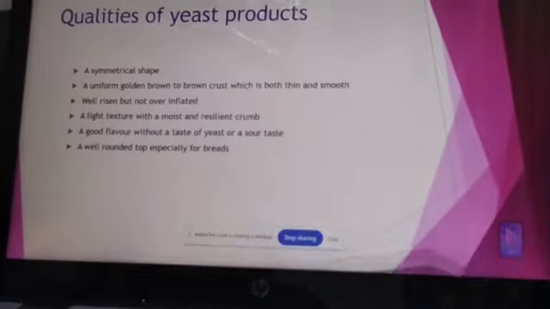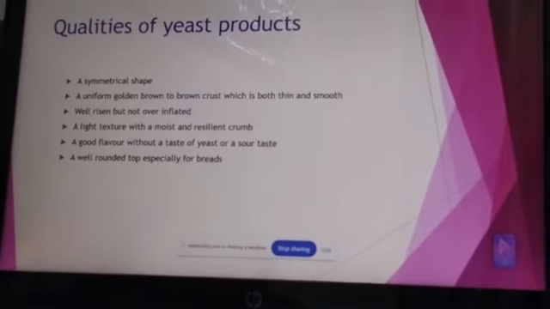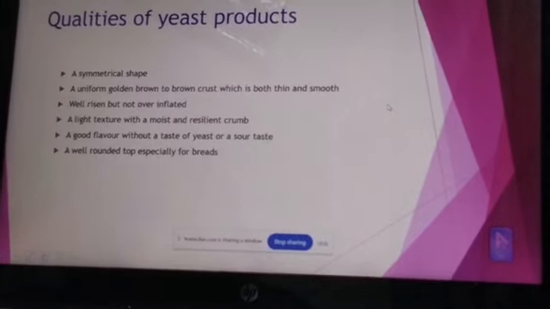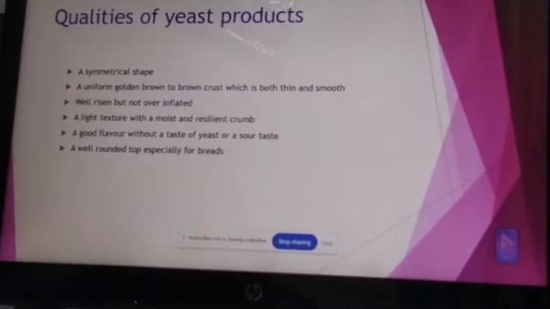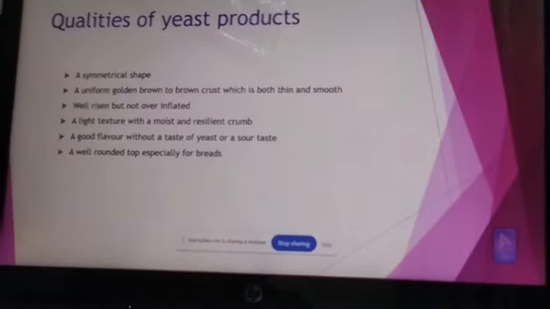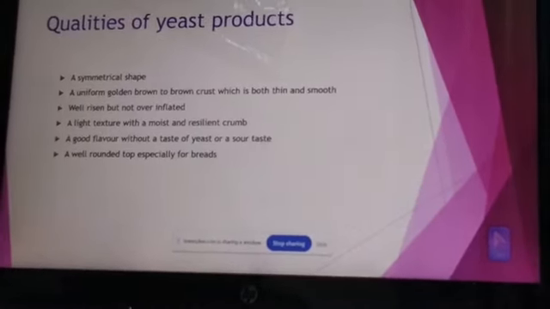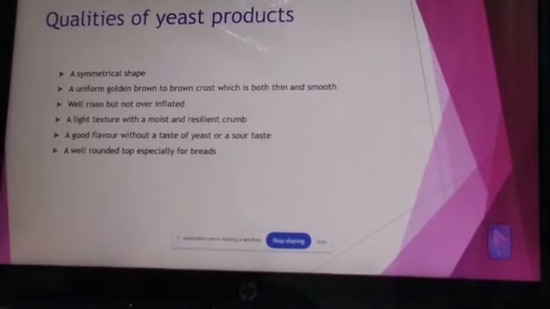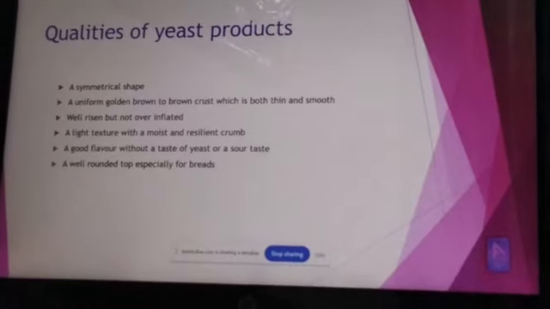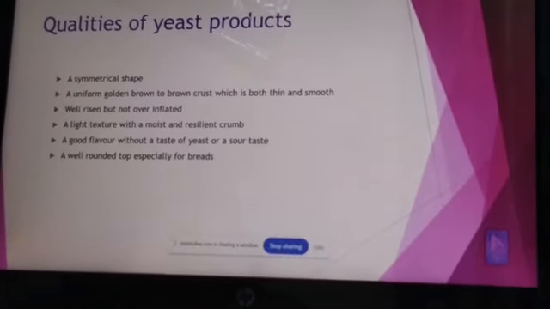All right, so we look at the qualities of yeast products. These yeast products should have a uniform golden brown color, that is the crust, which is both thin and smooth, like in the case of bread. Then it should be well risen but not over inflated, with a light texture and a moist and resilient crumb.